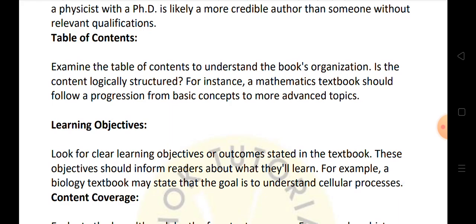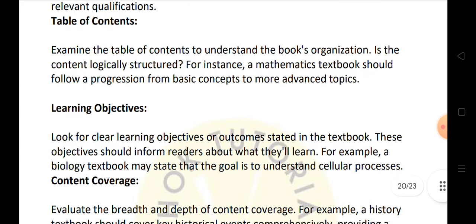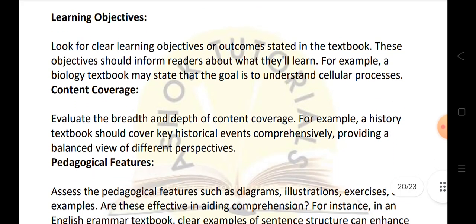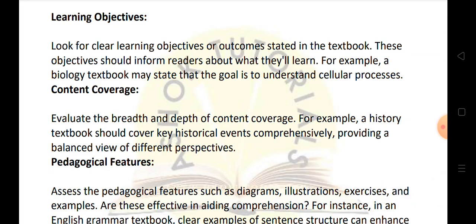The table of contents. Secondly, we find out what the contents of the book are: what the chapters are, what the concepts are, what exercises are given. What will be the educational outcomes, learning objectives, and learning aims of the book and the chapters. Look for clear learning objectives and outcomes stated in the textbook.